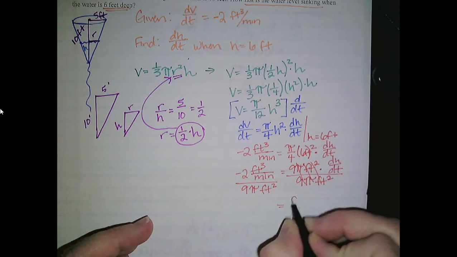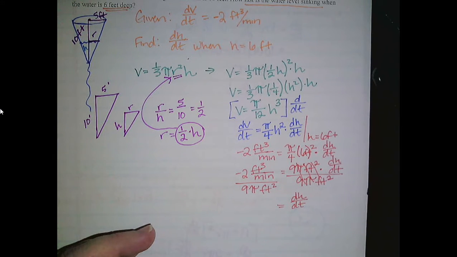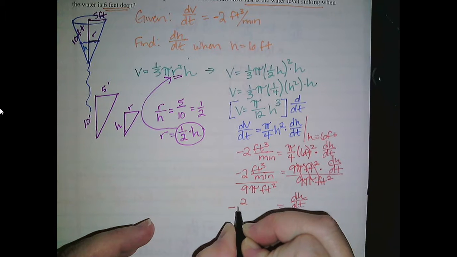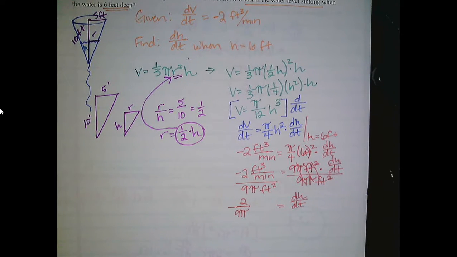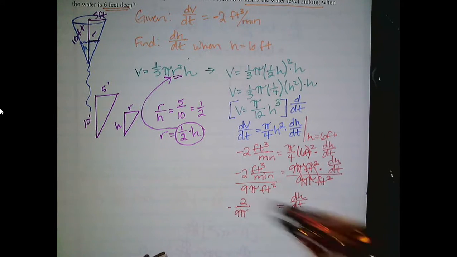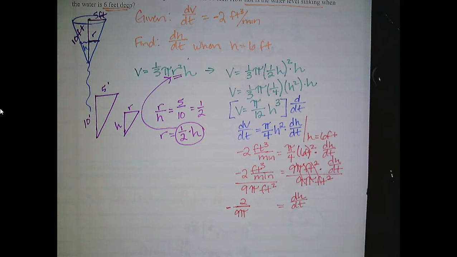So I get that dh dt is equal to -2 divided by 9 pi. Just want to make it clear that that's negative, so -2 divided by 9 pi.